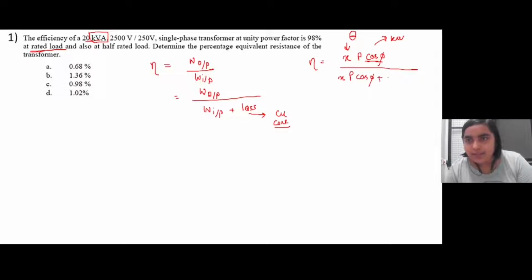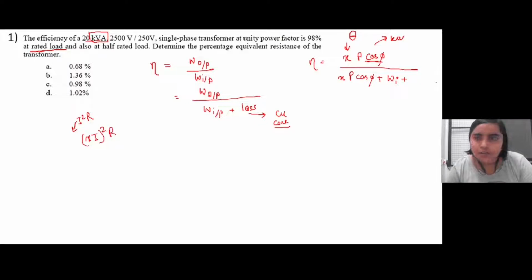plus the losses. In case of iron loss, it is constant, so we will write it as a constant term. However, the copper loss is basically I squared R loss. So if the transformer is not performing at the rated current, it should be the fraction of the rated load at which the transformer is working.